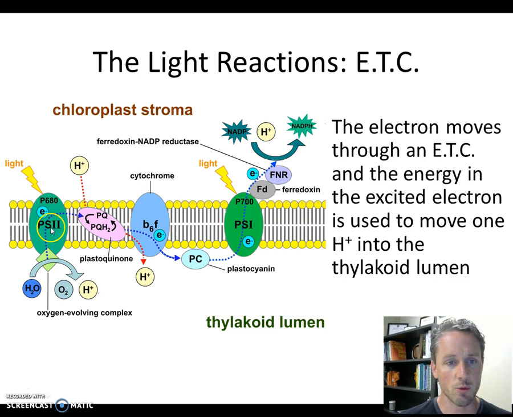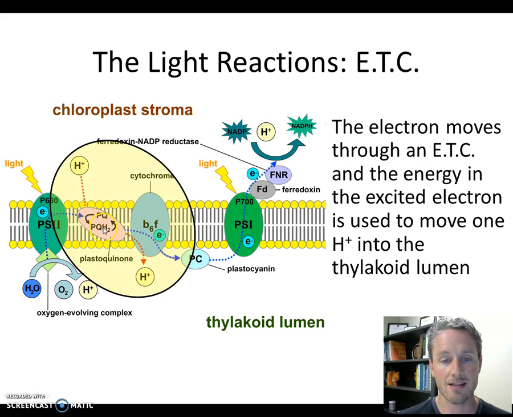All right. So we just excited this electron with this light. Now we're going to move that electron through an electron transport chain, and we're going to use the energy in that excited electron to do some work. The work we're going to do is to move an H+ into the thylakoid lumen, or thylakoid space. So again, here's our excited electron. We're going to pass it through these proteins that are part of the electron transport chain.